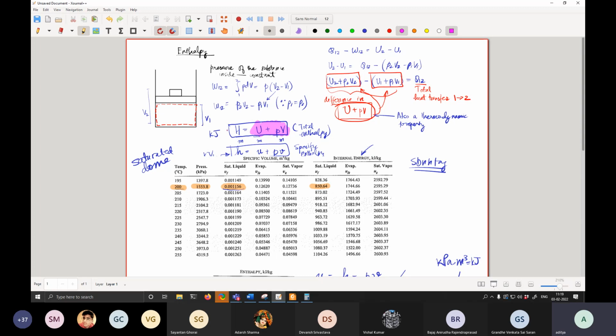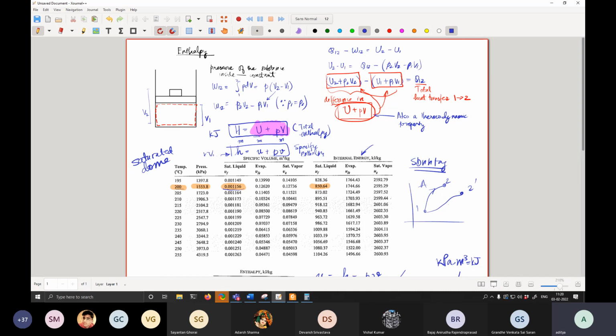It does not depend on path. That is a very useful thing to have, that the property under consideration should not depend on path. Otherwise, the property would be different. If I were to have a process which would be path dependent, then I cannot say that state point 2 is independent of whether I have gone there through path A or path B. Actually, the figure also won't look like this. If it were to be path dependent, then this would be state point 2 prime.